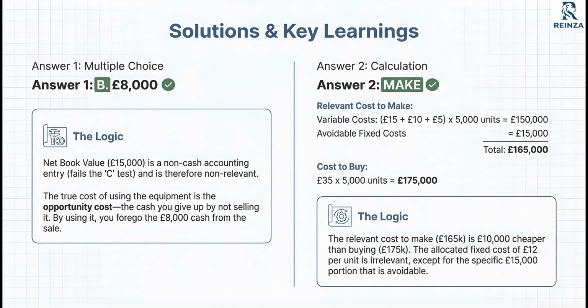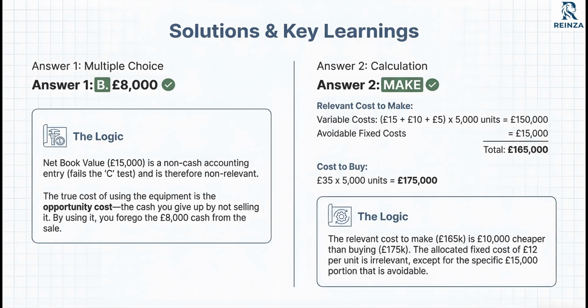Add the avoidable fixed costs of £15,000. Total cost to make, £165,000. The cost to buy is simply £35 multiplied by 5,000 units, which equals £175,000. Making is £10,000 cheaper than buying.